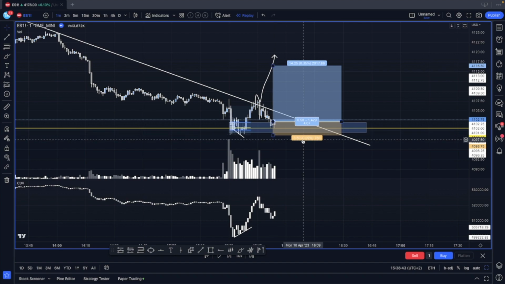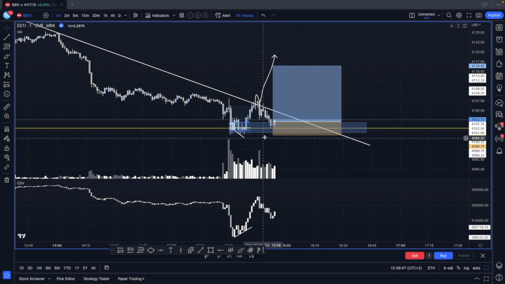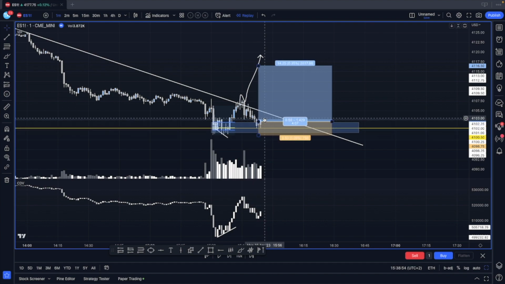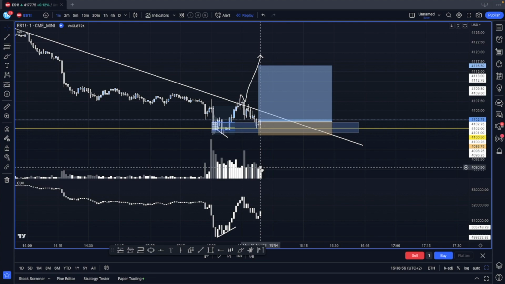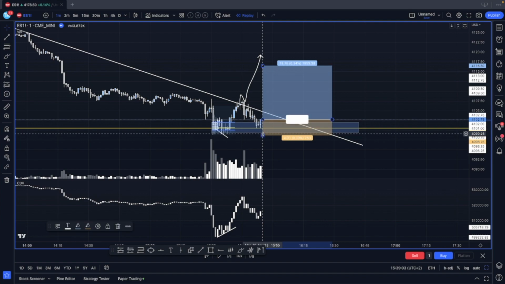I use volumes to trigger the market. If you don't have volumes, my suggestion is an engulfing confirmed by increasing volume like this one. Now this could be good for us to trade, to go long.